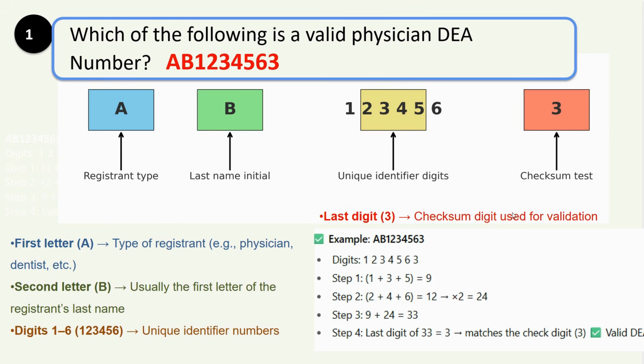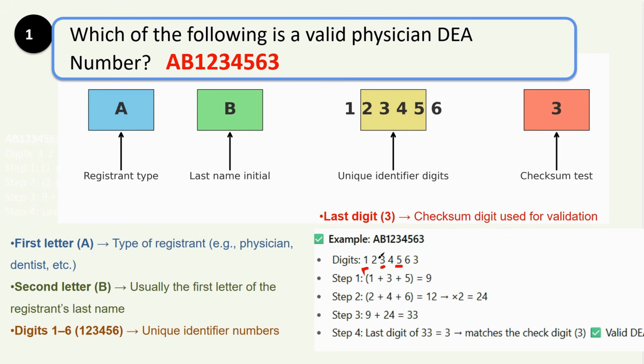For this number, you take the first six digits, 1, 2, 3, 4, 5, 6. From these six, step 1, take 1, 3, 5, so every alternate number, but do not take the checksum digit.